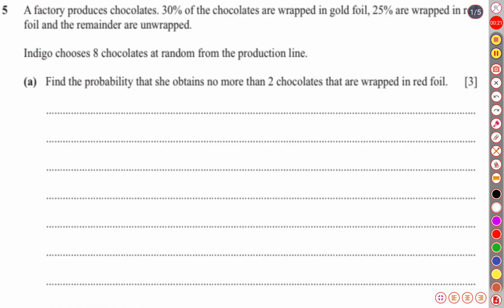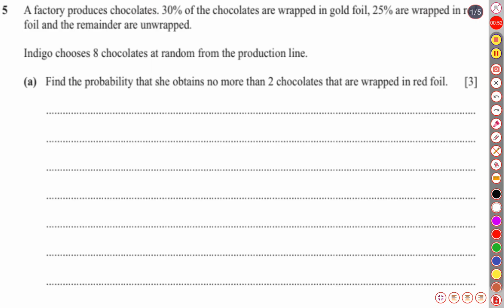We are going to solve question number 5, which says a factory produces chocolates. 30% of the chocolates are wrapped in gold foil, 25% are wrapped in red foil, and the remainder are unwrapped. Indigo chooses 8 chocolates at random from the production line. Find the probability that she obtains no more than 2 chocolates that are wrapped in red foil.